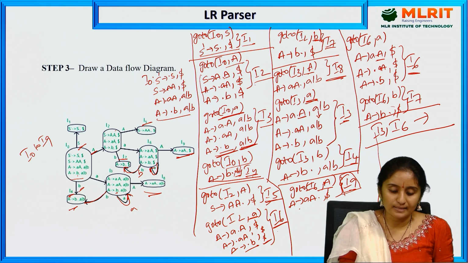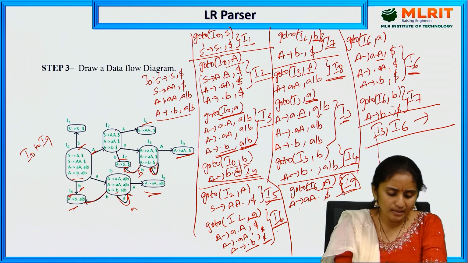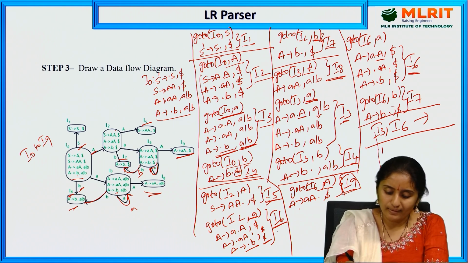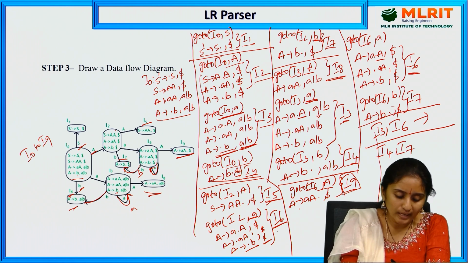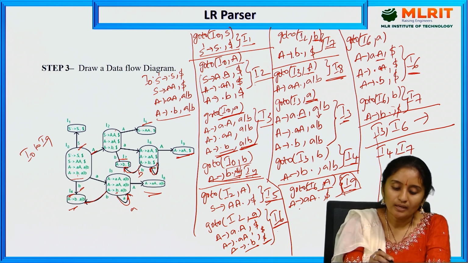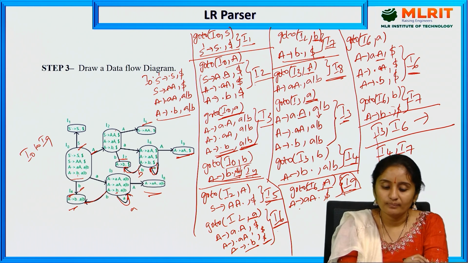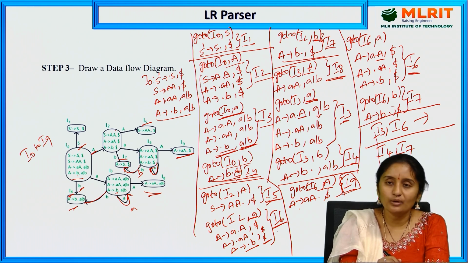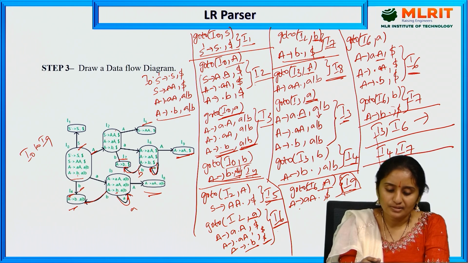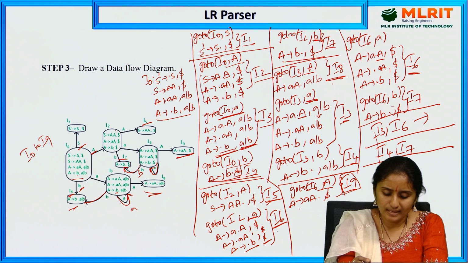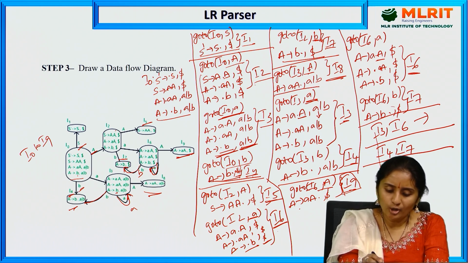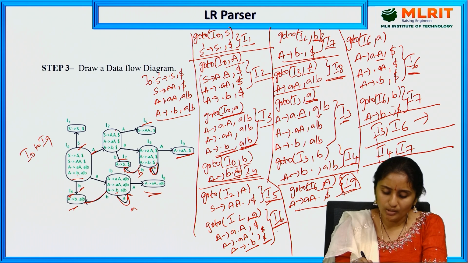I3, I6. Same way you check for the remaining I4 and I7. I4, A tends to B dot, A by B. A tends to B dot, dollar. Here it is dollar and here the look aheads are A by B. So this is one more state. Next, check another, I8. Any same thing there? Yes, I8 also: AA dot, A by B; AA dot, dollar.